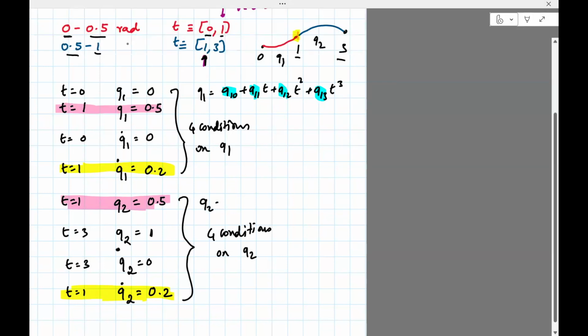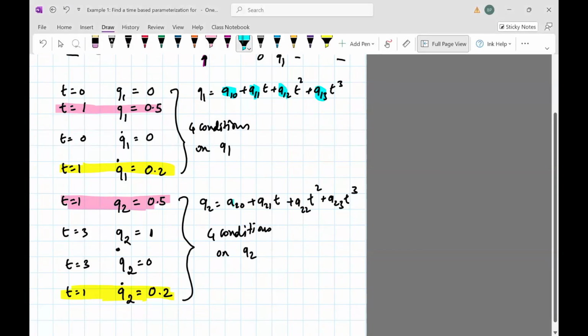And then Q2 we'll write as A20 plus A21 t plus A22 t squared plus A23 t cubed. So those are the other 4.